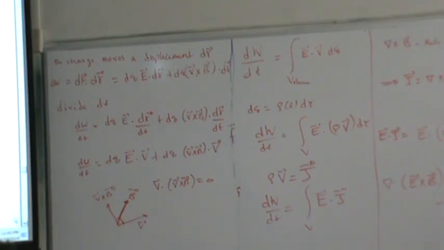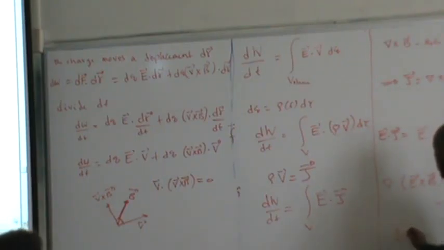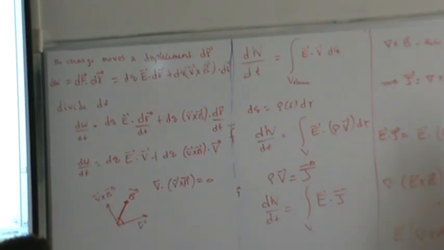So then I can write E dotted curl of B as B dotted with curl of E minus the divergence of E cross B.